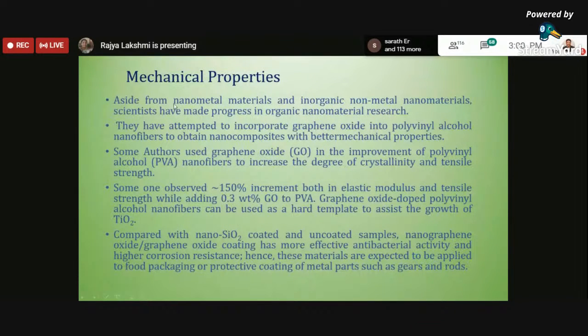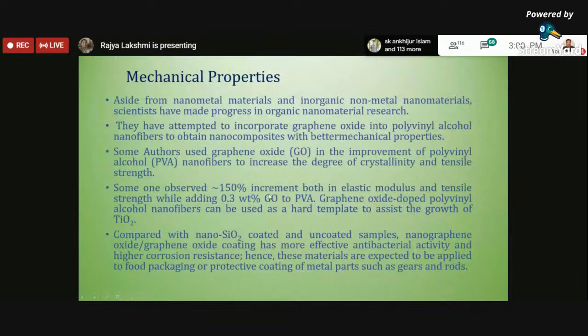Aside from non-metallic materials, there are some inorganic materials also, and many researchers are working in organic nanomaterial research. If you observe, some of the authors have used graphene oxide for improving polyvinyl alcohol nanofiber to increase the degree of crystallinity and also tensile strength.